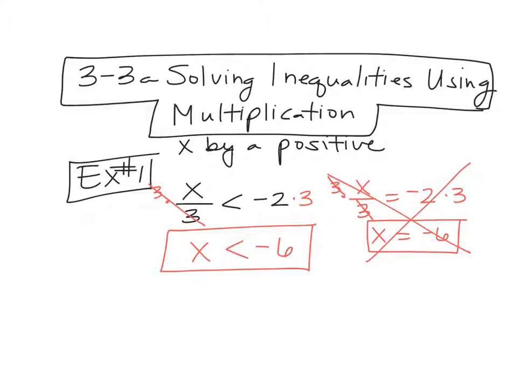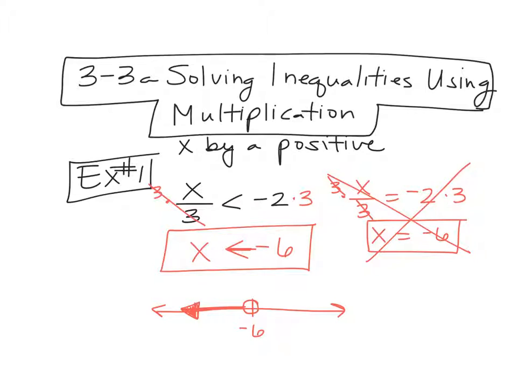And then if they ask you to graph it, you would put your number at -6. Is that going to be an open or closed dot? That's open. Okay, and then which direction does my arrow go? You need to go left, right? Whatever direction it's pointing if your variable is first. So we're going to shade that way.